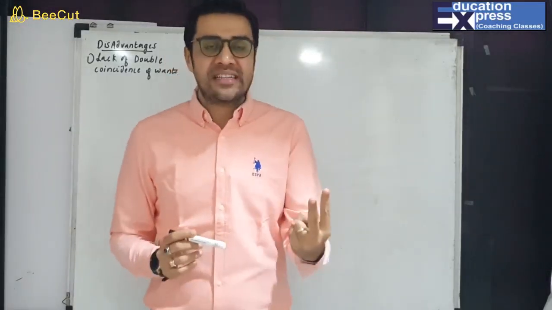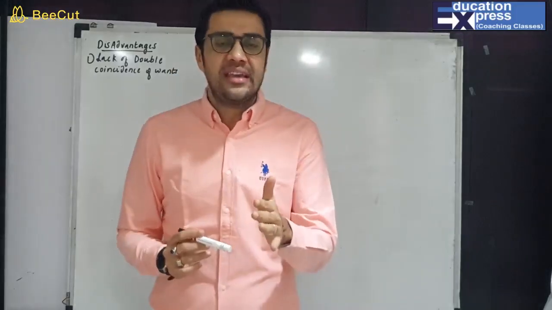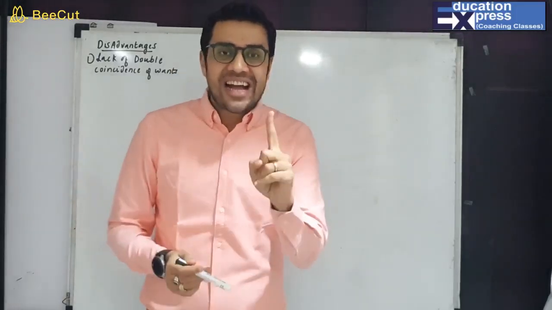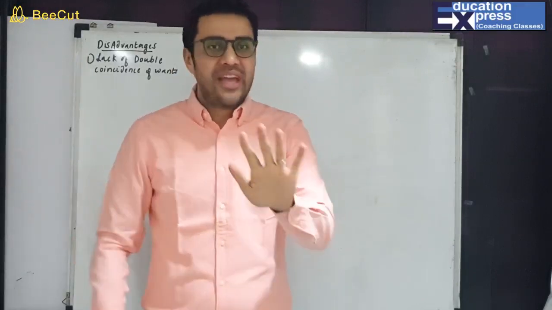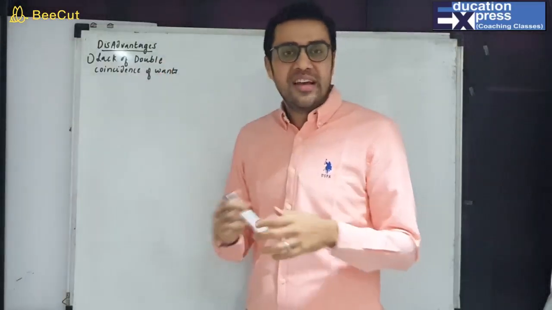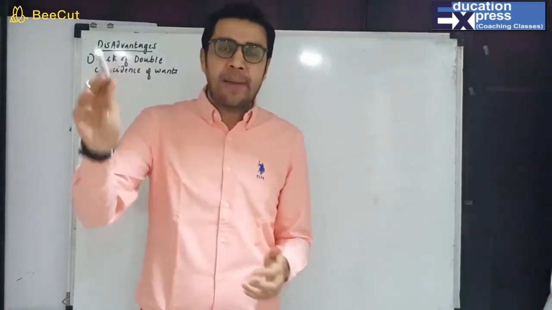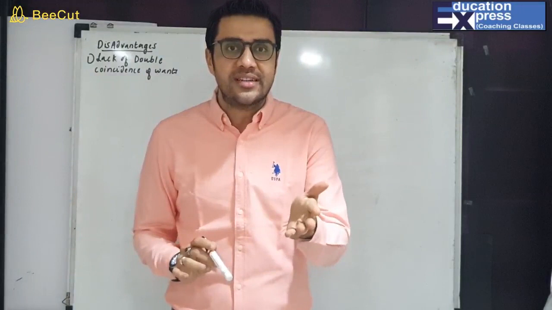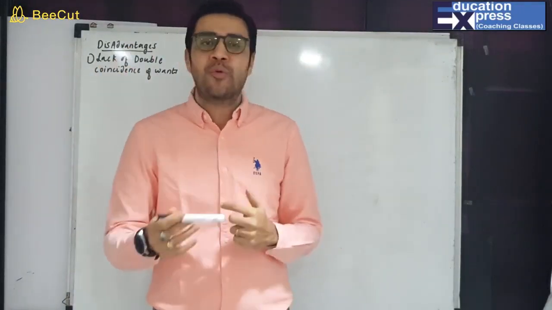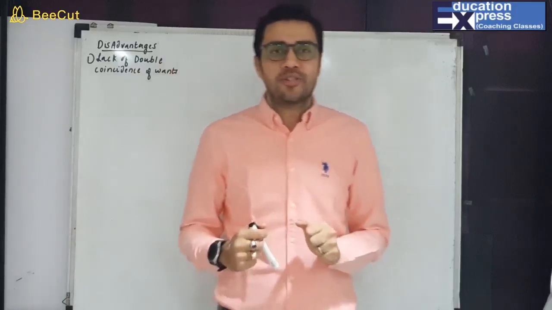It means simultaneously and mutually we are satisfying the wants of both the buyer and the seller. If one's want is satisfied and the other's is not, then the barter system cannot happen. So that is called double coincidence. See, what I want to sell and the opposite party wants to buy is a coincidence. But what he wants to sell and the same thing I want to buy is the double coincidence. So this cannot possibly happen again and again.